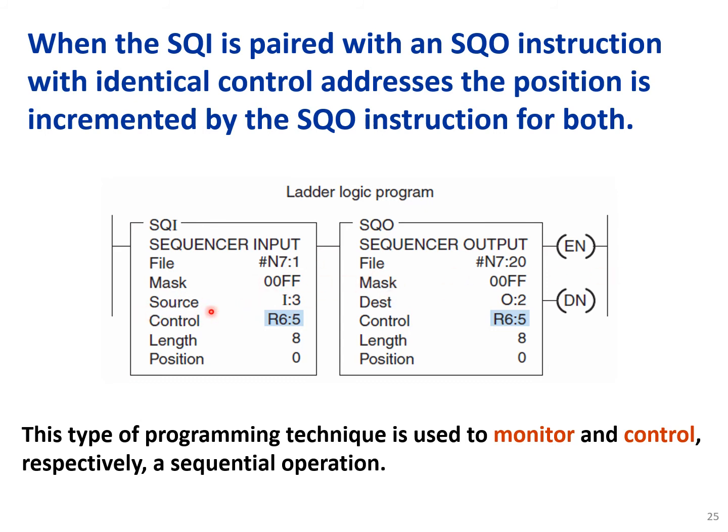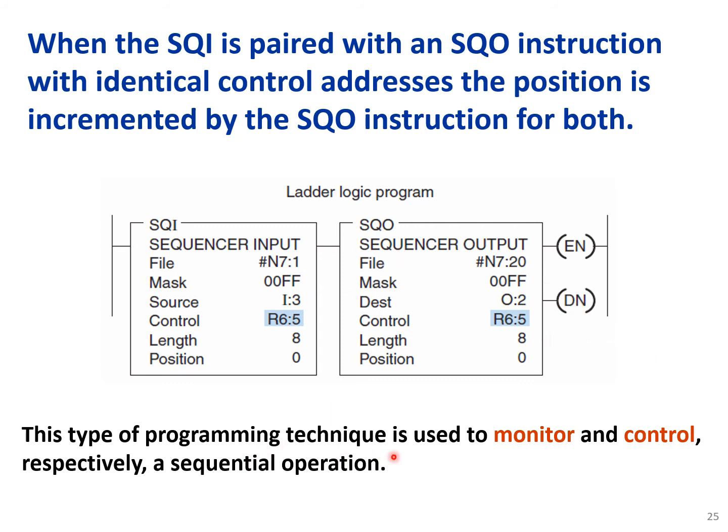You see the source here is input, but here we don't have a source, we have a destination. We have length and position, and once, let's say, the input matches one of the words in the sequencer file in the SQI, the output will be true and triggers the SQO, and we could move to the second word or step in the SQO.